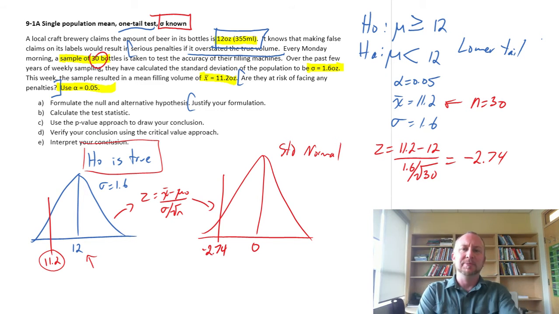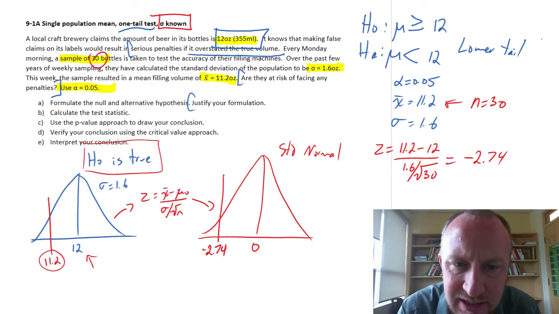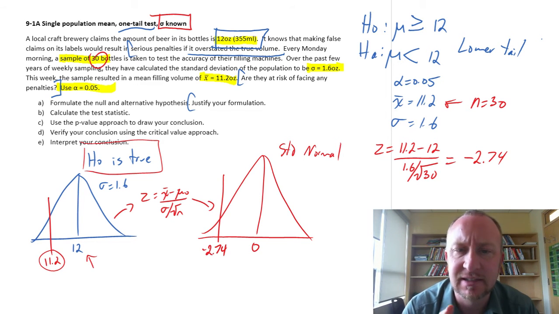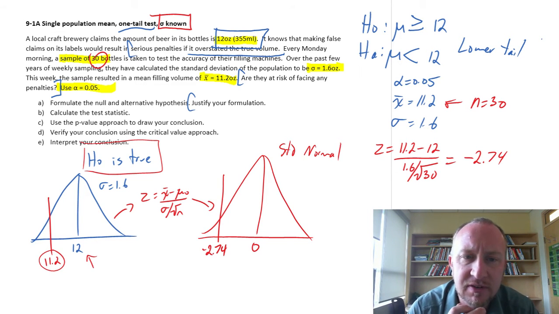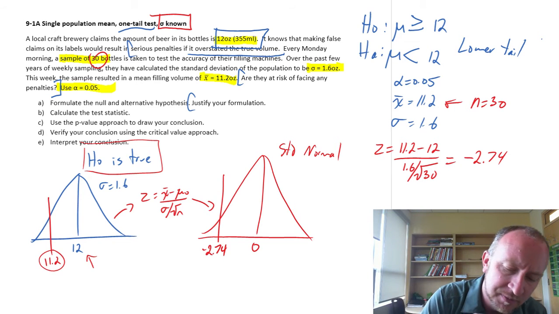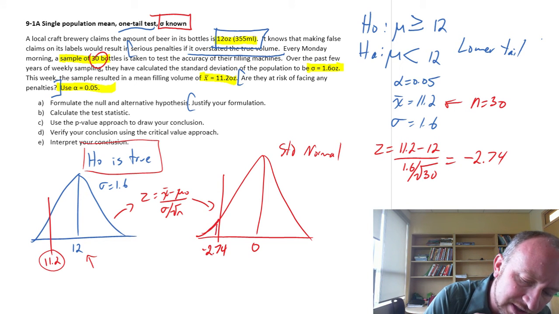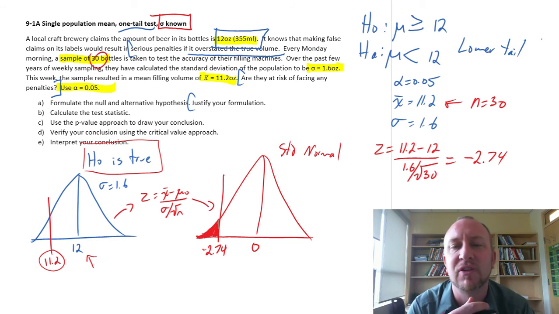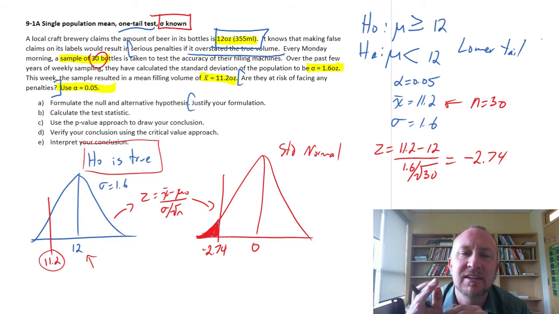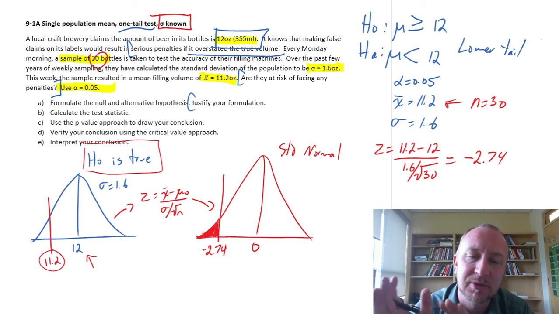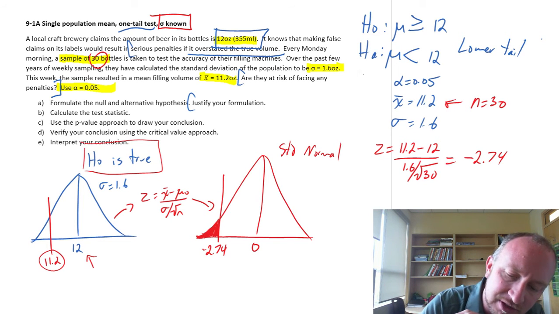So our next step is, what's the probability that corresponds with that test statistic? What we're looking for in our z-tables is the probability of obtaining a test statistic at least as unlikely as the one the sample has just provided us. We want the area under the curve to the left, because we're doing a lower tailed test.